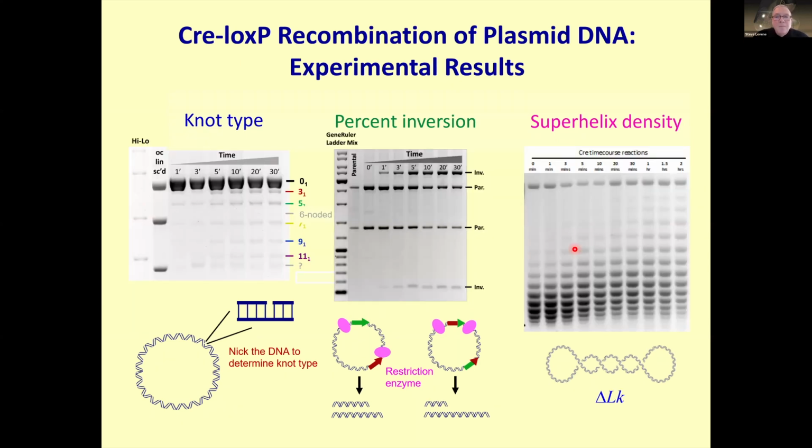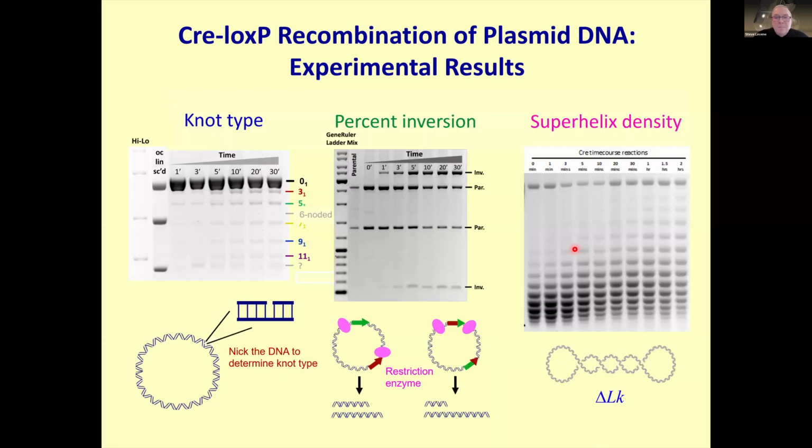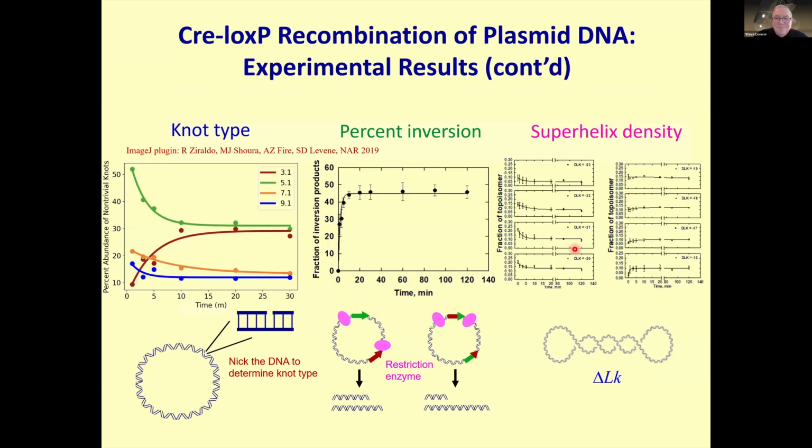So would you be confident that beyond 30 minutes, these two asymptotes of the 3-1 and the 7-1 would stay that way?